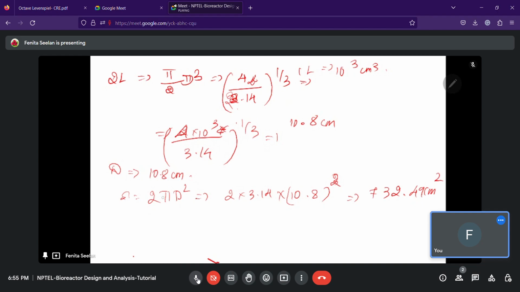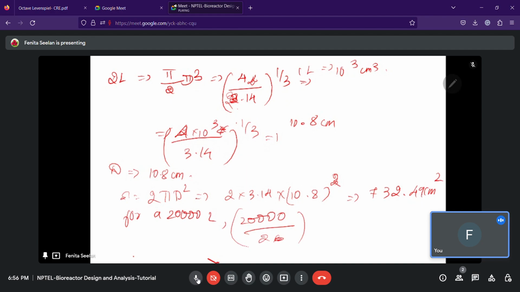I need the volume already. So for a 20,000 liter system, how do we calculate? You have to calculate it. What is the scale up factor? 20,000 divided by 2 liter, right?